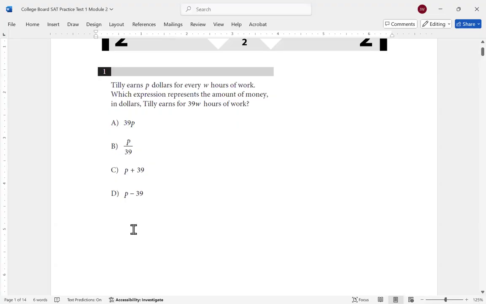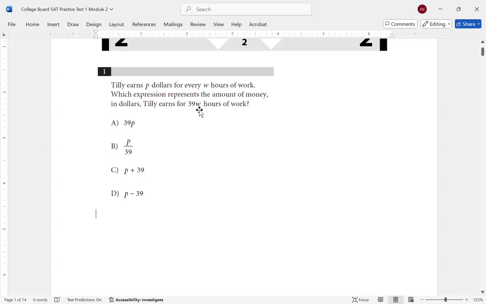The first question says, Tilly earns P dollars for every W hours of work. Which expression represents the amount of money in dollars Tilly earns for 39 W hours of work? That 39 is W, not 39 times W. It's 39 hours of work.